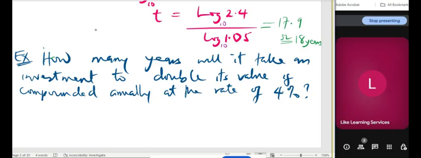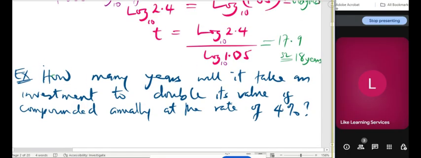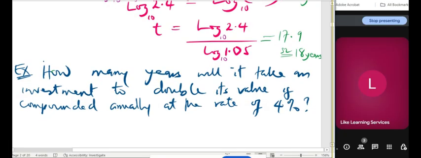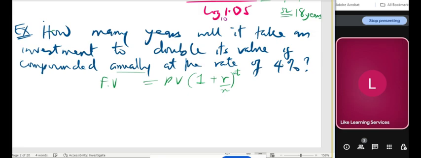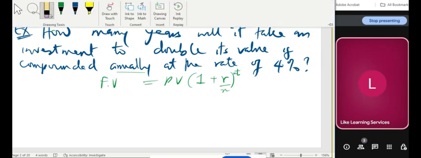Plug the stuff into the formula. Okay, let's do that now. So future value, present value, 1 plus rate, is equal to t, because it's compounded annually per annum. So x is 1, so there's no need to write xt or over x again. Once it is annually, you wouldn't need all that.